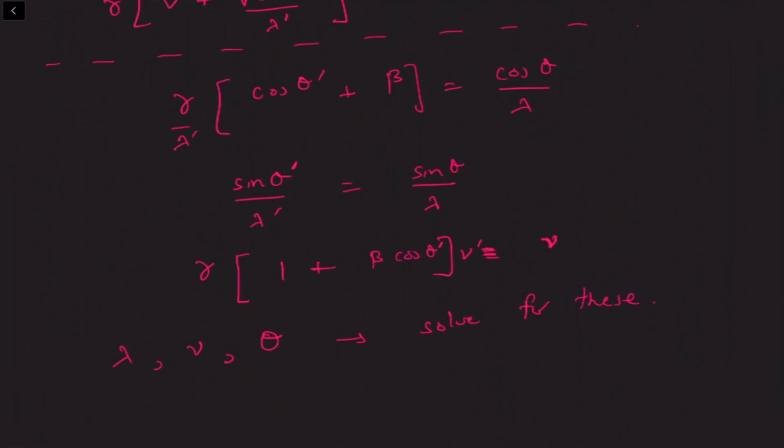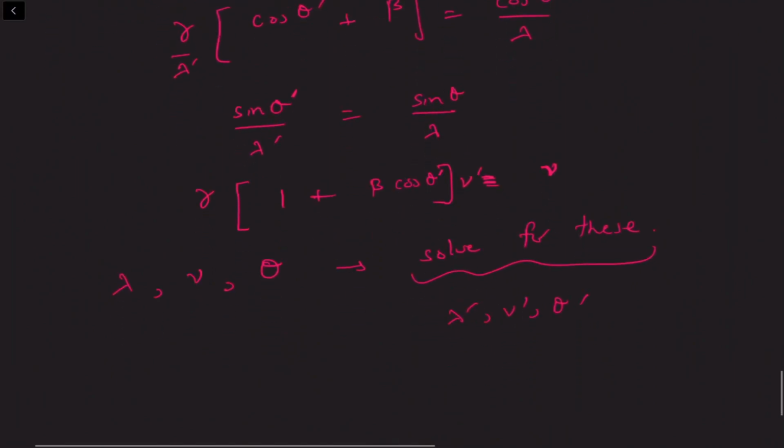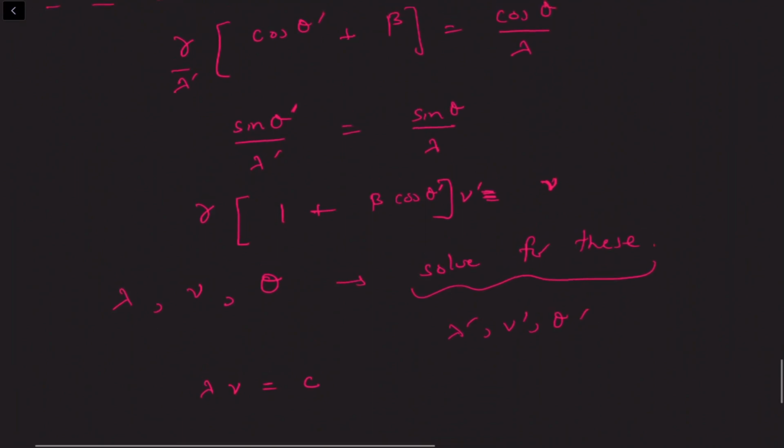Now, we want to solve for these in terms of lambda prime, nu prime, and theta prime. But we also have a fourth relationship, which is lambda times nu is c. Okay, or which is the same as lambda prime nu prime. And therefore, we actually have four equations that we can use to solve for lambda, nu, and theta. And that must mean that one of these equations is redundant.